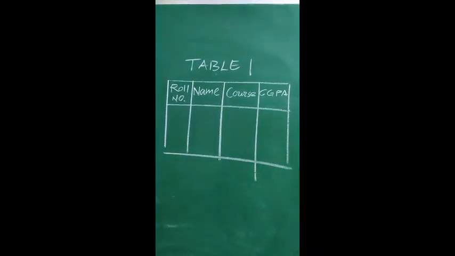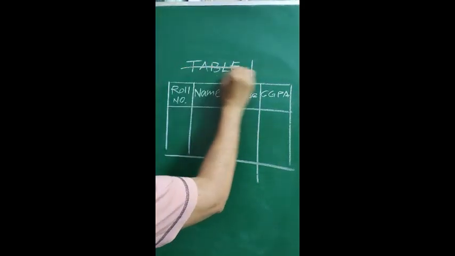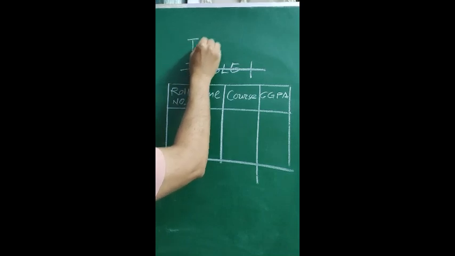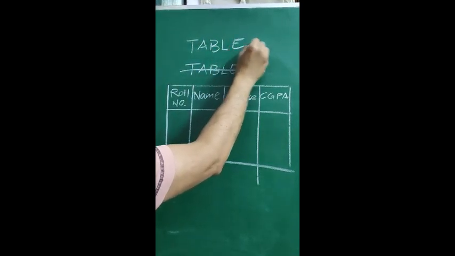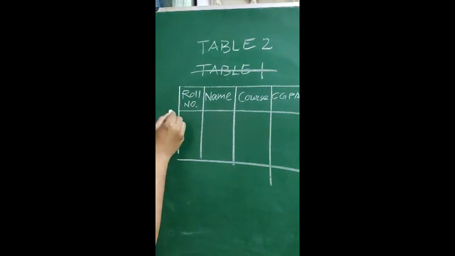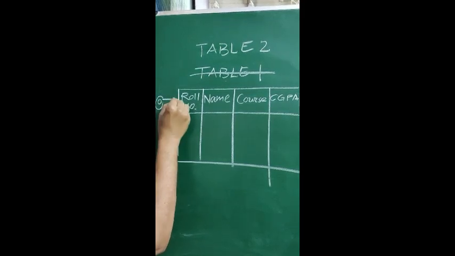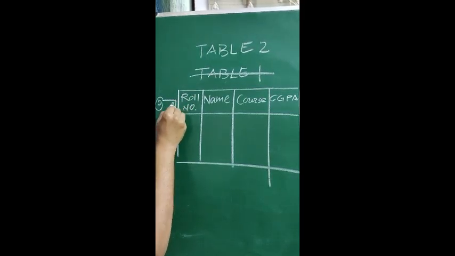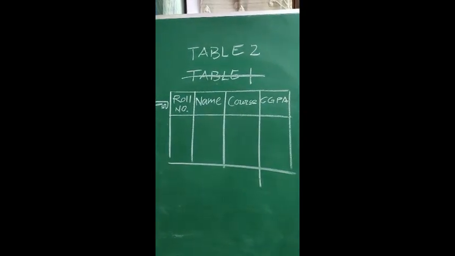Now, if we want that this table should be called as table 2 instead of table 1, then we use rename command with alter statement. We use alter statement to add primary key also. If we want to delete the structure and the records of the table, we use drop command.